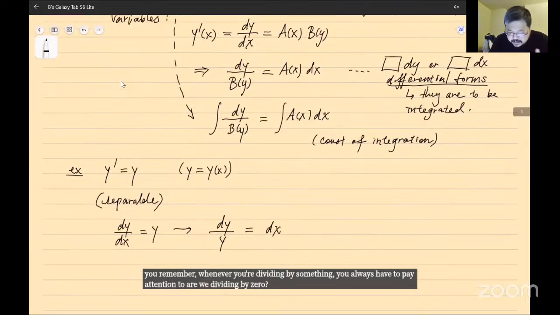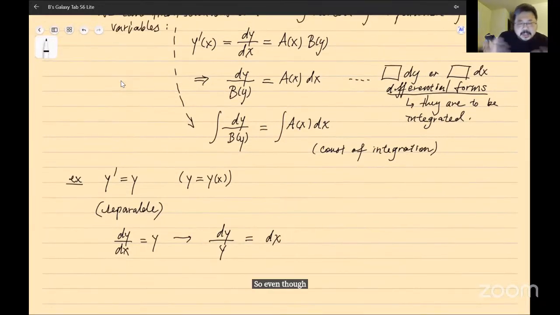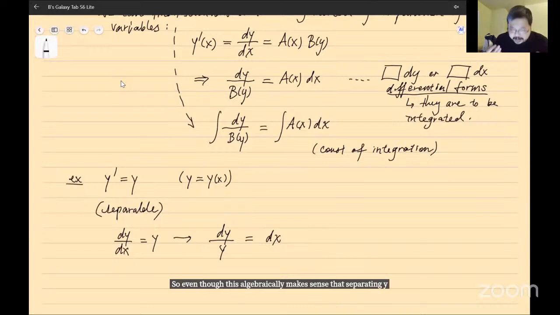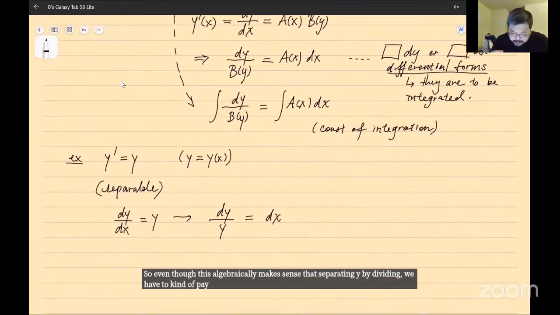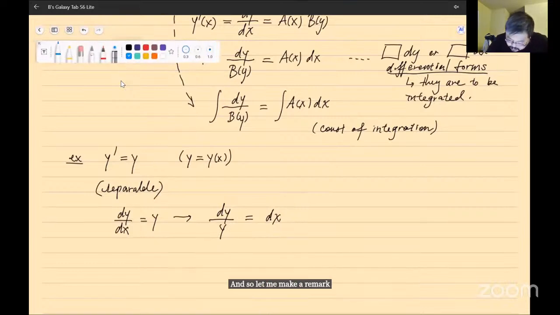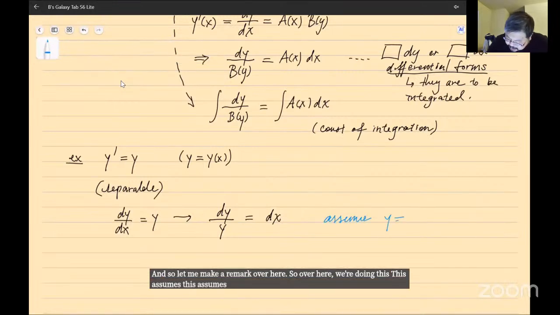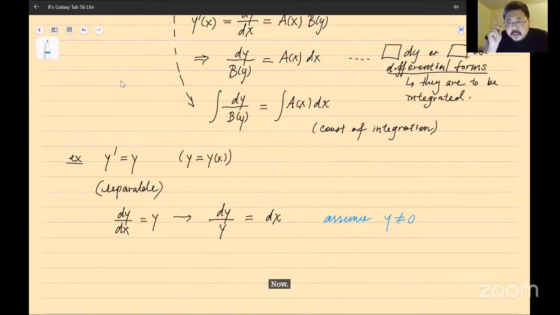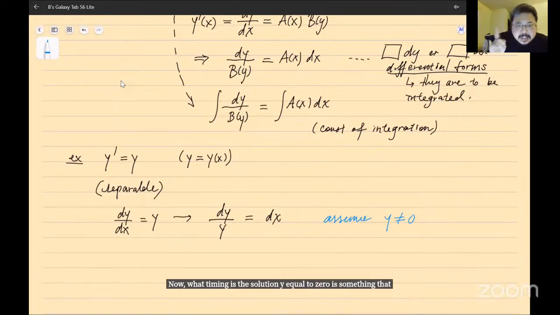Even though this makes sense algebraically, we have to pay attention. So let me make a remark: this assumes y is not equal to 0. What that means is the solution y equal to 0 is something that we may need to revisit later.